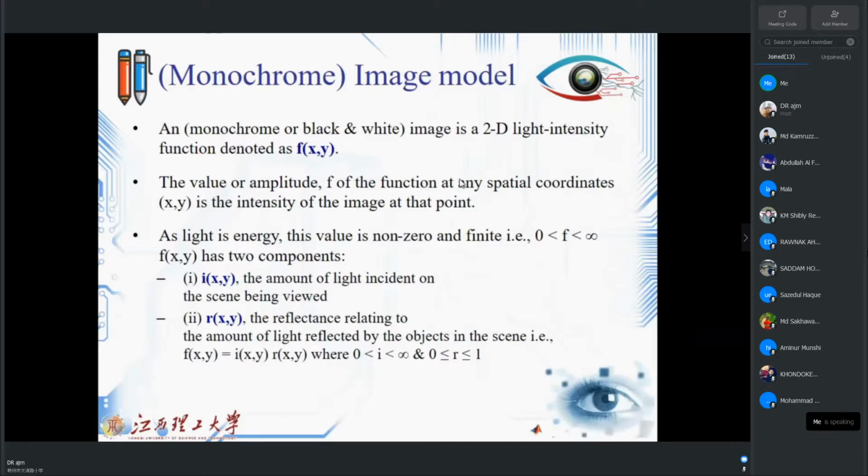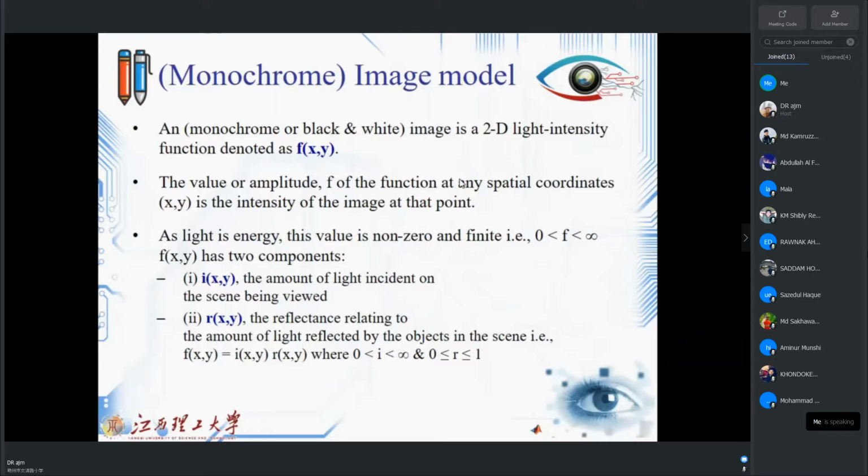It's something like the monochrome image model. As we talked, a monochrome or black-and-white image is something like 2D light intensity, which will be denoted as f(x,y). The value or amplitude of the function f at any point of spatial coordinates x and y is the intensity of the image at that point. Then, since light is energy, the value is non-zero.